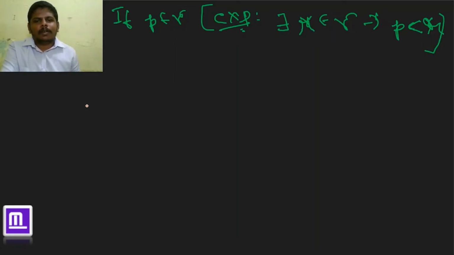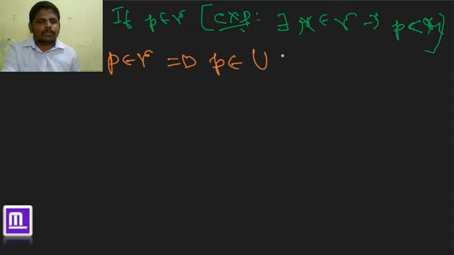This is also very clear. p belongs to gamma says that p belongs to the union of alphas.